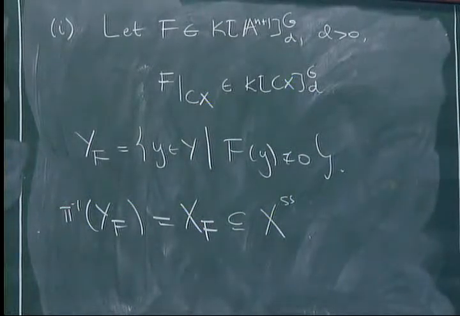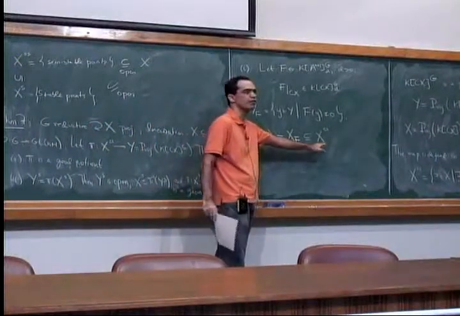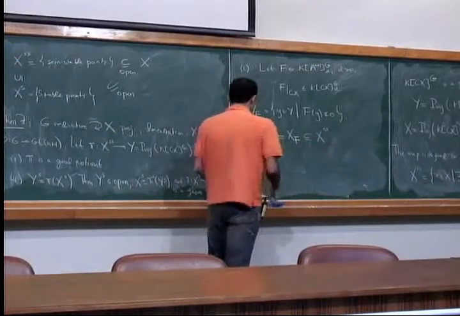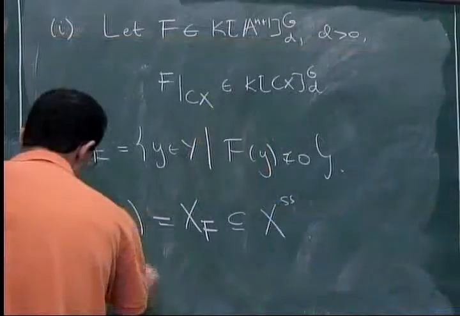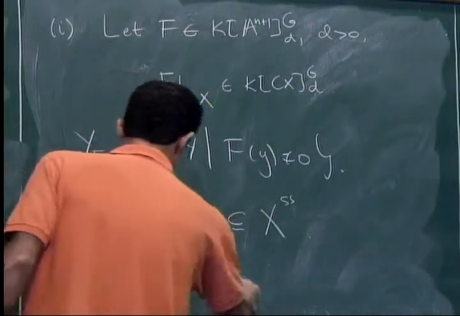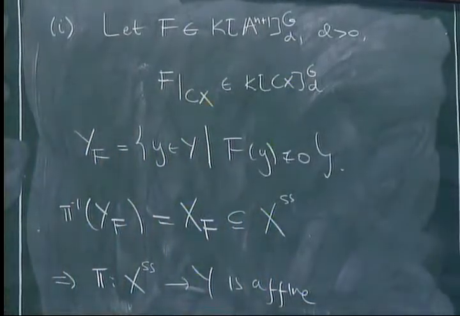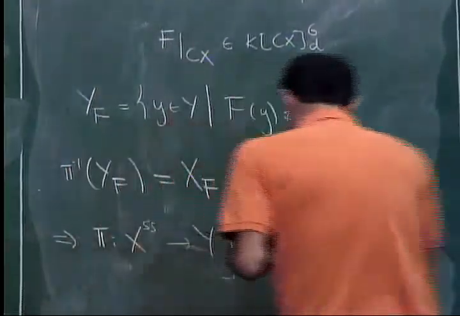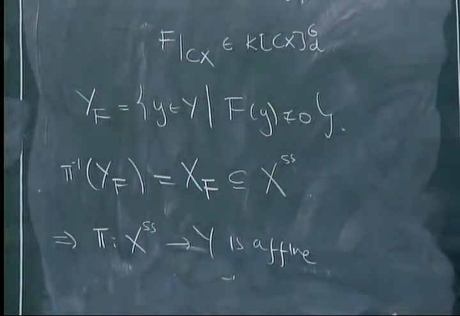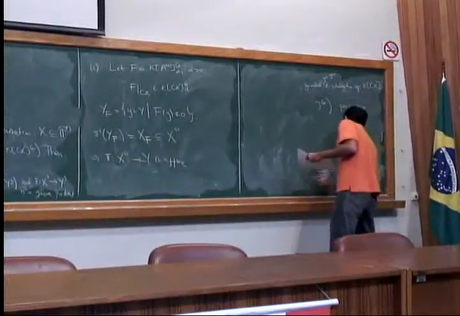Okay? So Y is covered by these principal open subsets, YF, and as we cover Y, the inverse image of them will be affine and cover XS. So that gives you the map is affine. If you remember that lemma, we had to prove that the map is affine. We had to prove that it collapses orbits, but that's simple.